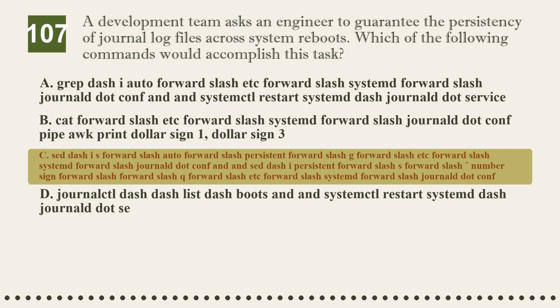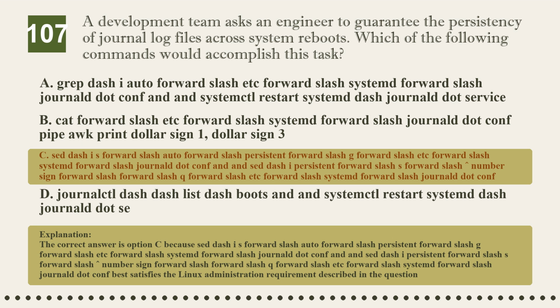The correct answer is option C, sed -i 's/auto/persistent/' /etc/systemd/journald.conf and systemctl restart systemd-journald.service.